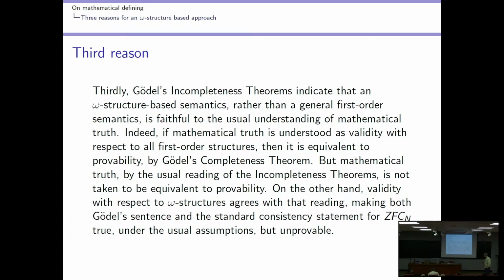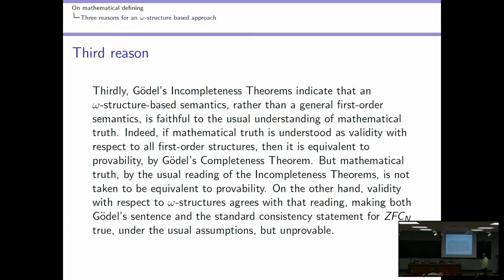And that's the reason, but I am not discussing proof theory here. This book is about definitions and about the interpretative dimension of mathematics. So I have deliberately chosen to keep the syntax intact. But it is an important and interesting discussion. But then if mathematical truth is understood as validity with respect to all first order structures, then, well, mathematical truth is logical truth, and logical truth is provable.